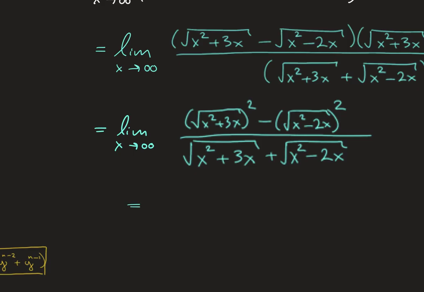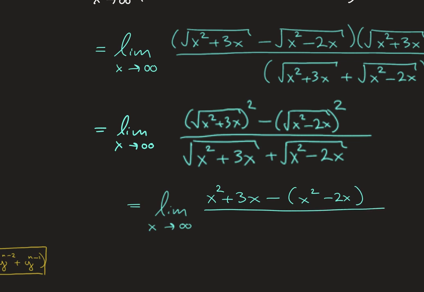This is equal to the limit as x approaches infinity of x squared plus 3x, that escapes the radical, minus, also don't lose parentheses here, it's a common mistake, x squared minus 2x, all divided by this gross nonsense in the denominator, the square root of x squared plus 3x plus the square root of x squared minus 2x.